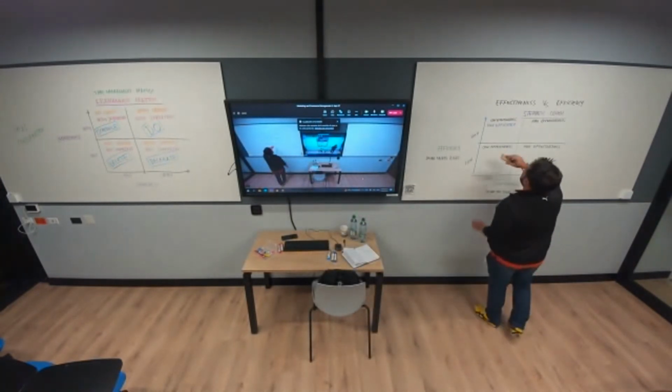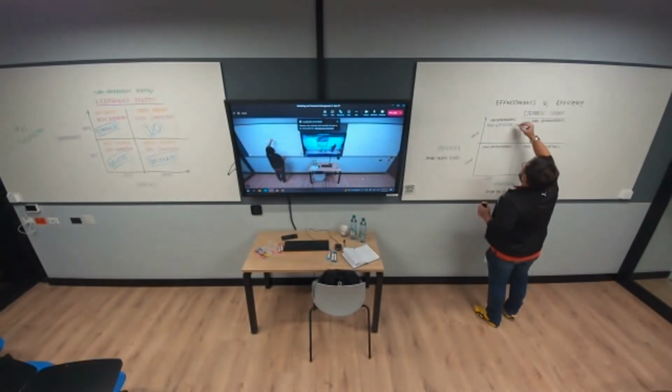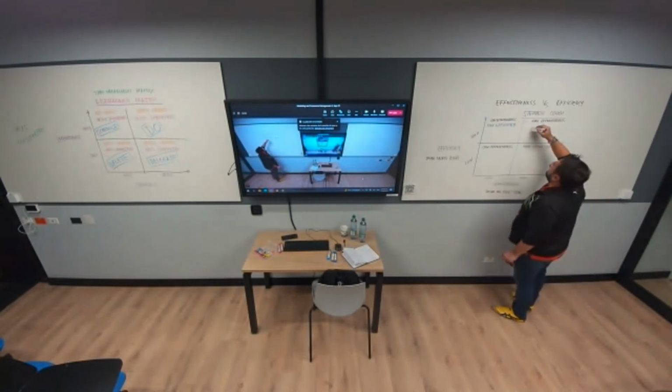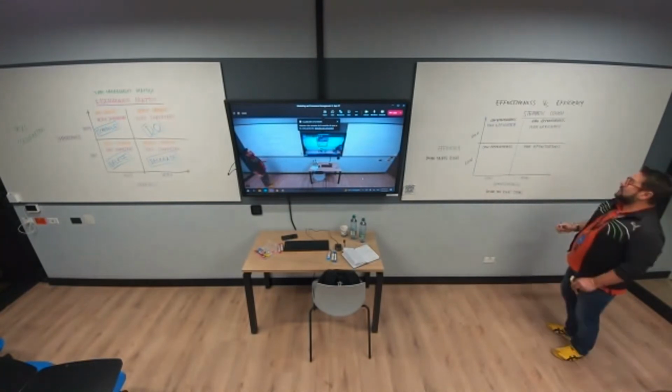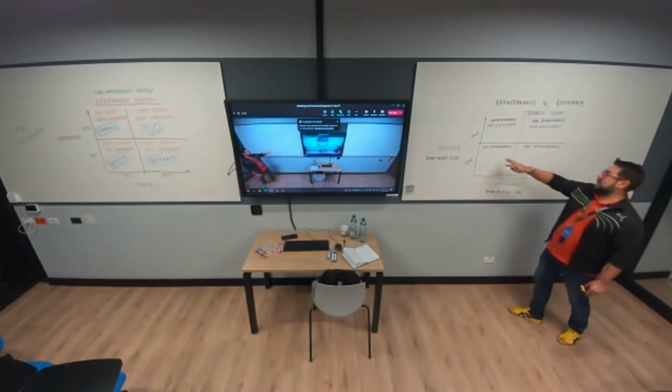High efficiency. And also here, high efficiency, right? And for these two quadrants are going to be low efficiency in both.